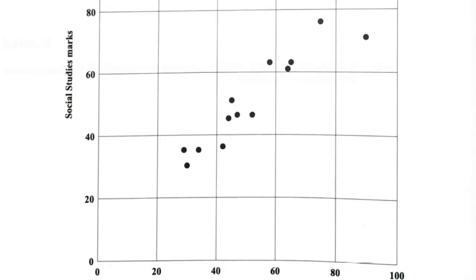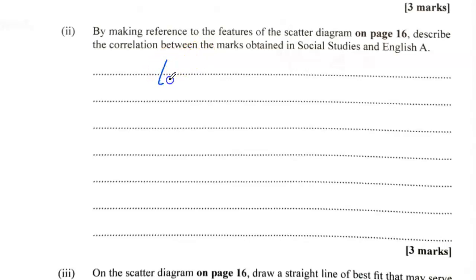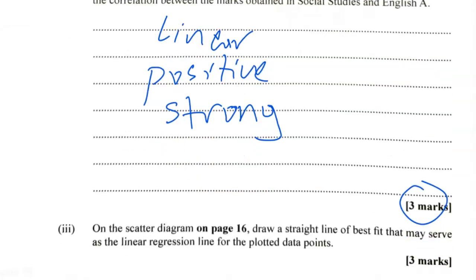It's positive, meaning the scores move in the same direction. So if a student has a good mark for English A, they're going to have a good mark for social studies. And I would say it's a strong correlation since the points are reasonably close together. It's 3 marks, so label these 3 characteristics to describe the correlation.